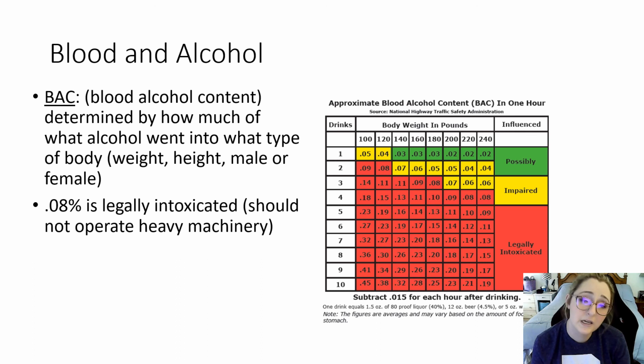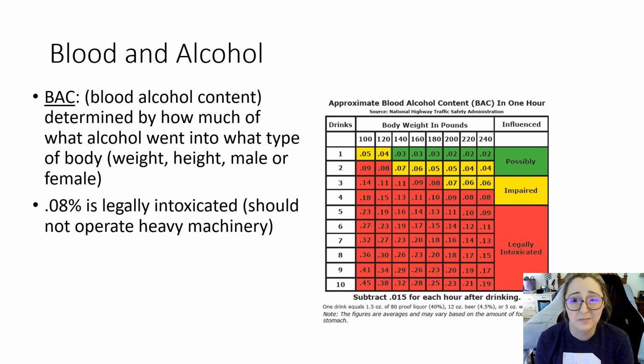So talking about blood alcohol content, this is going to be determined by how much of what type of alcohol went into what type of body. Now, a lot of that sounds very confusing, but I want you to think of it this way. Currently, I'm about 180 pounds. I'm 5'5½". I'm also a female. What that means is I don't really have a crazy high tolerance for alcohol.